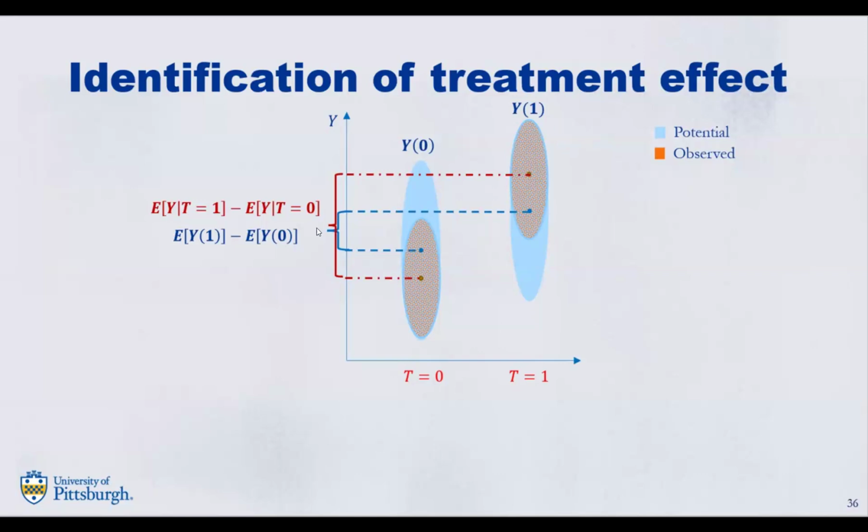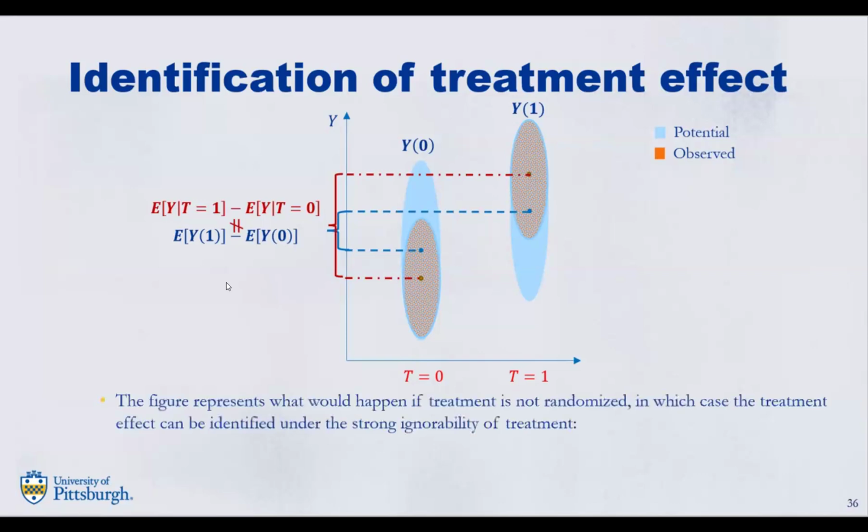So the total treatment effect cannot be identified through the simple mean of the observed outcome between the two groups. This figure represents what would happen if treatment is not randomized, in which case the treatment effect can be identified under the strong ignorability of treatment.